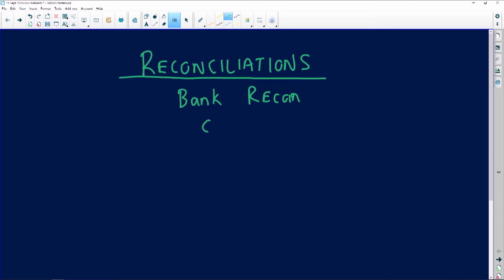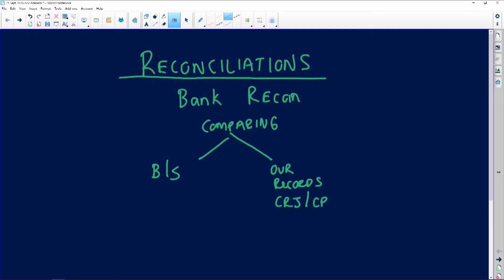So when I ask you what is a bank reconciliation, we are comparing the bank statement that is received from the bank to our records. In other words, our CRJ, our CPJ, and our general ledger bank account.